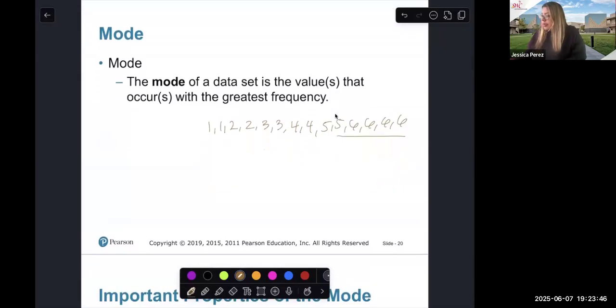Well, 6 is your mode, because it shows up most in frequency. There's 2 1s, 2 2s, 2 3s, 2 4s, 2 5s, but there's 4 6s. So the data that occurs with the most frequency is 6.